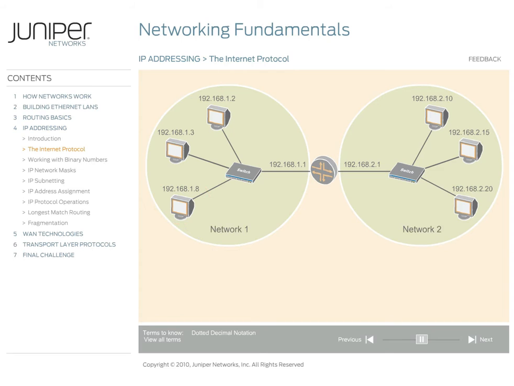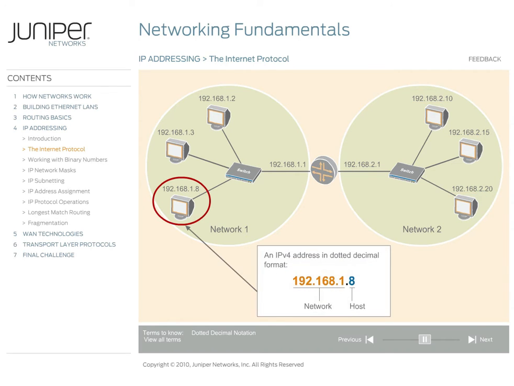At a glance, you might look at the IP addresses in Network 1 and assume that the first three numbers, 192.168.1, indicate that network's number, and looking at Network 2, the numbers 192.168.2 indicate the second network's number. In this particular example, that assumption would be correct, but as we'll soon see, IP addresses are more complex than they might appear at first.